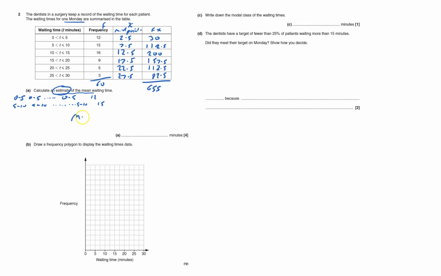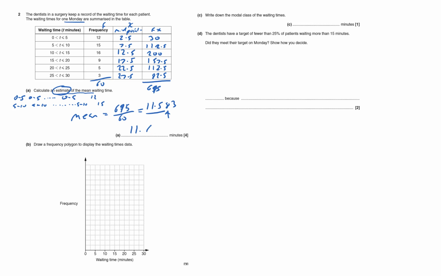And so the mean is the total, which is 695, divided by how many there are, which is 60, and that equals 11.583. And if I want to give it to one decimal place, the next digit was an 8, so I rounded up to 11.6.